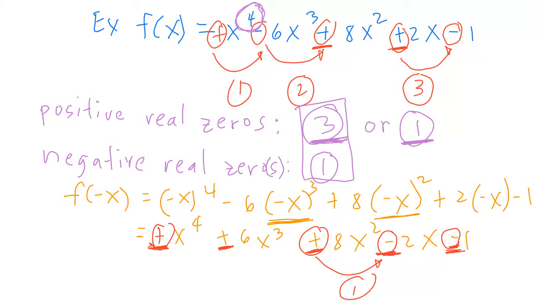So it matches the degree of the f of x, which is 4. Again, 3 plus 1 is 4. So it means the possible answers here would be 3 positive real zeros and only 1 negative real zero. Total of 4 zeros.